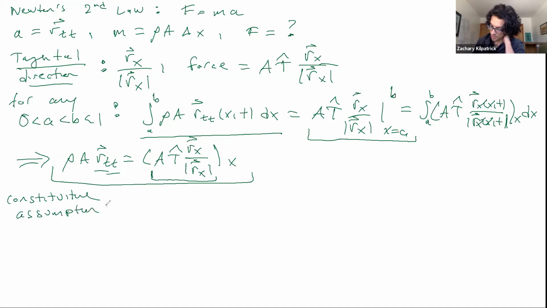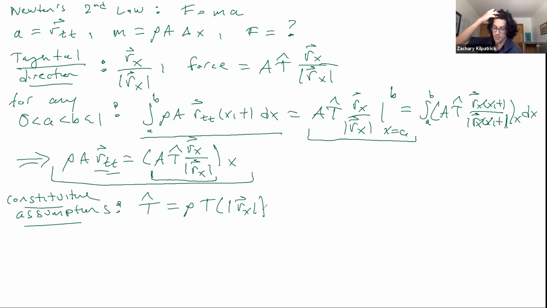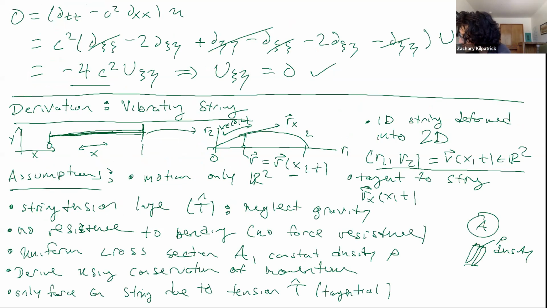I think I'll just talk for a few more minutes and then I'll have to conclude, okay? But one constitutive assumption is that the tension acting on the string should be some function of the magnitude of the tangent, like how deformed it is.